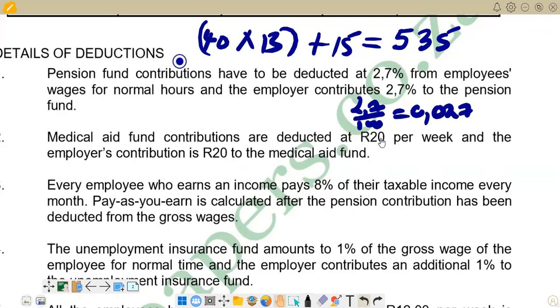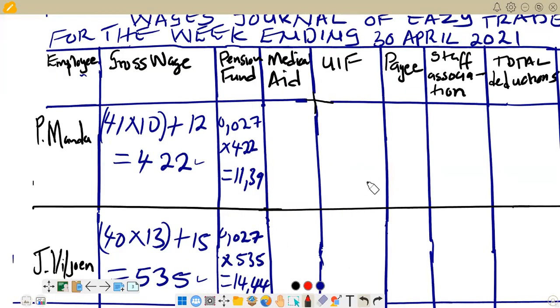So we are taking 20 rand. So this 20 rand is applying to both employees, that is P Manda and JV join. So we are just going to put 20 rand there. Remember, it's also saying per week there. The table that we prepared is for per week. So we go and put the 20 rand on both employees here. We have 20, and also for JV join, we also have 20.